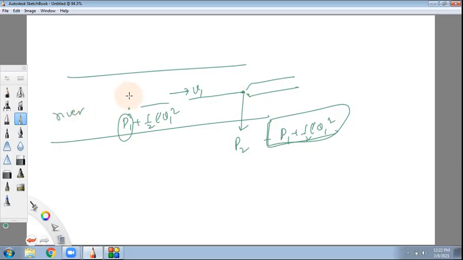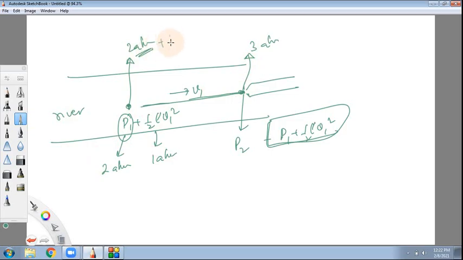For example, suppose the value of P1 is 2 atmospheres and half rho V1 square is 1 atmosphere. If you directly measure pressure here using some manometric technique, you will measure 2 atmospheres, which is the static pressure. But when the same fluid comes here and stops, you will measure the value here as 3 atmospheres, which is static only, but it is not this static.